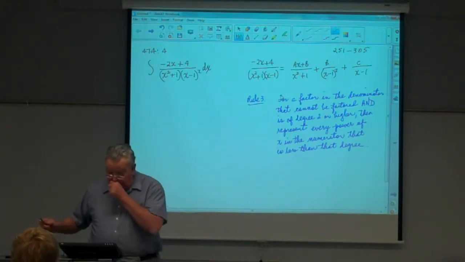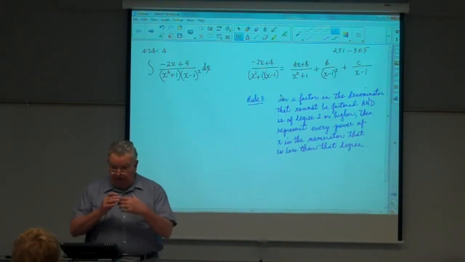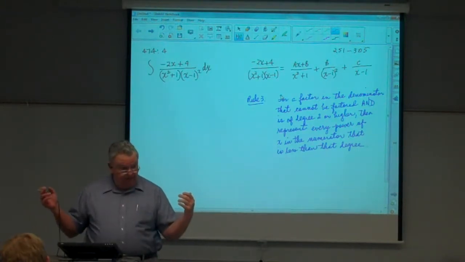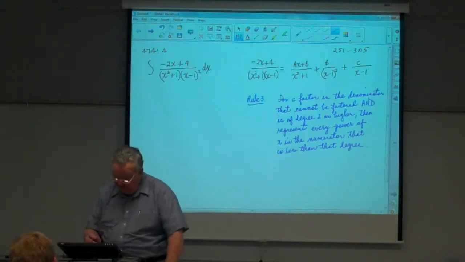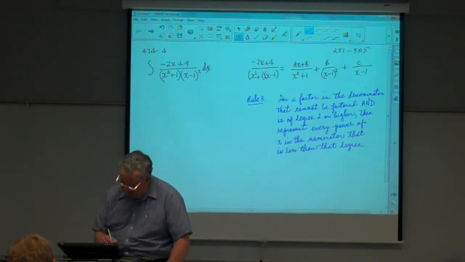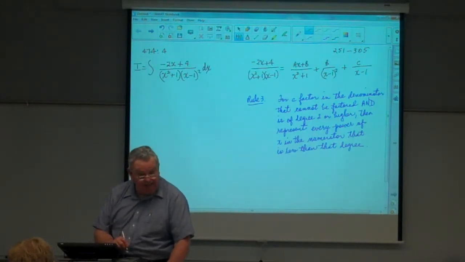So, I'm going to multiply by the denominator, and that will clear all of the fractions. So on one side I have, notice all I did is call this I. I'm not going to do anything else to it for a while.